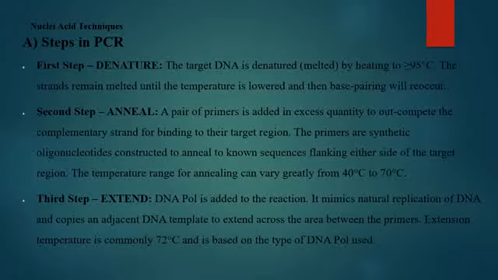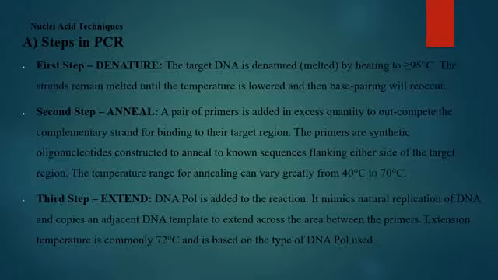At this temperature, the strands stay melted, or they stay opened up until you lower this temperature. At this point is where the base pairing can take place, because you need to open it up before you can do that. So you unzip, like we are going to do in DNA replication.